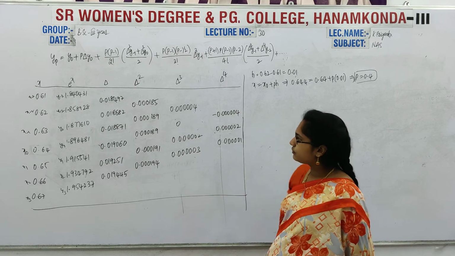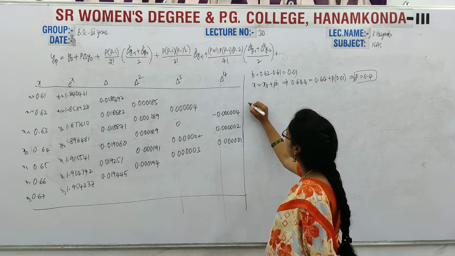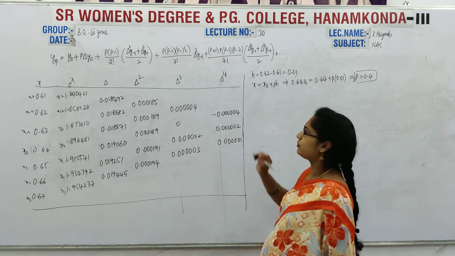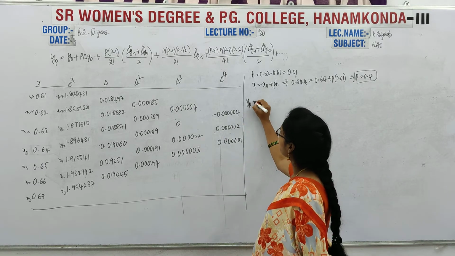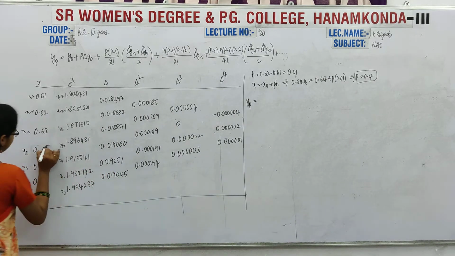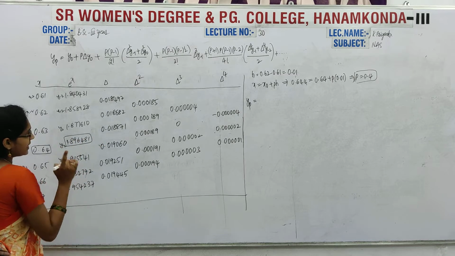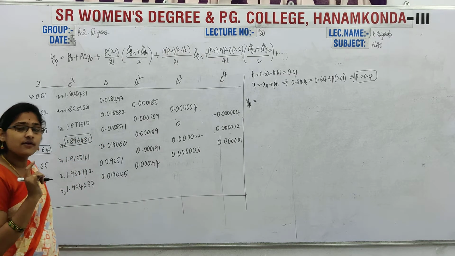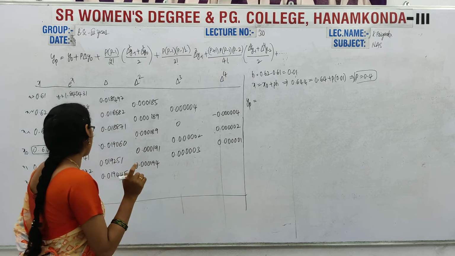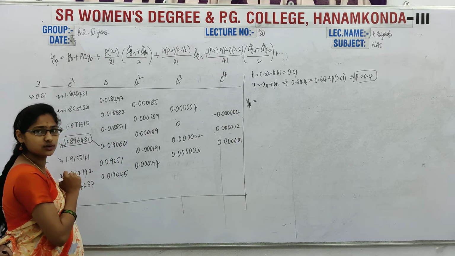Next we have to consider yp, which means e power 0.644. I am taking yp as it is. Next, this is x naught and this is y naught. For Bessel we have to take the first individual value, and that downwards, so it is this one.